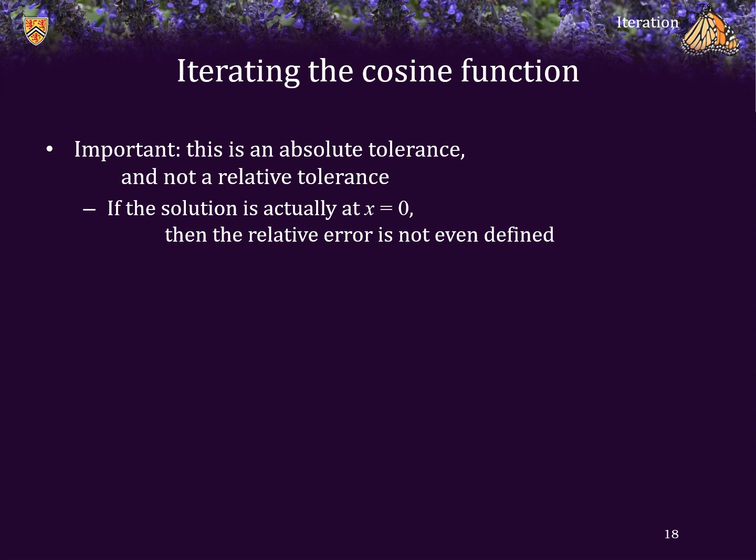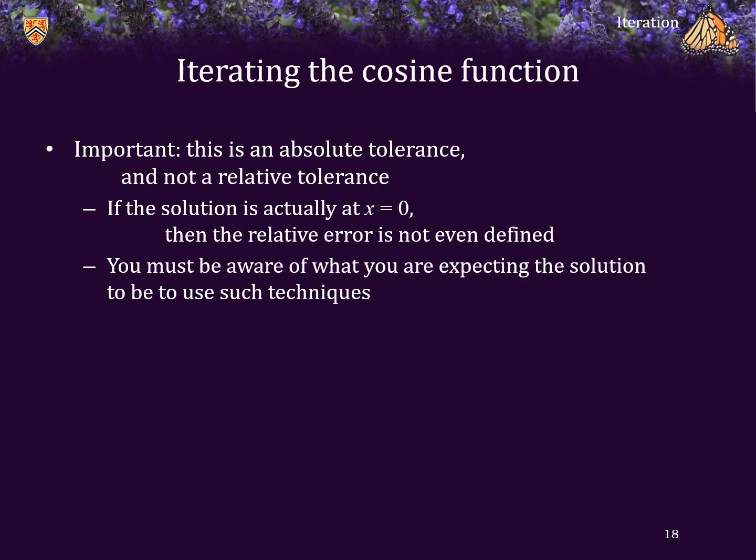So if the solution is actually at zero or very close to zero, the relative tolerance may not even be defined. However, you as an engineer should be aware of what you are expecting the solution to be when you use such techniques. So you should know the maximum absolute error you are willing to accept.